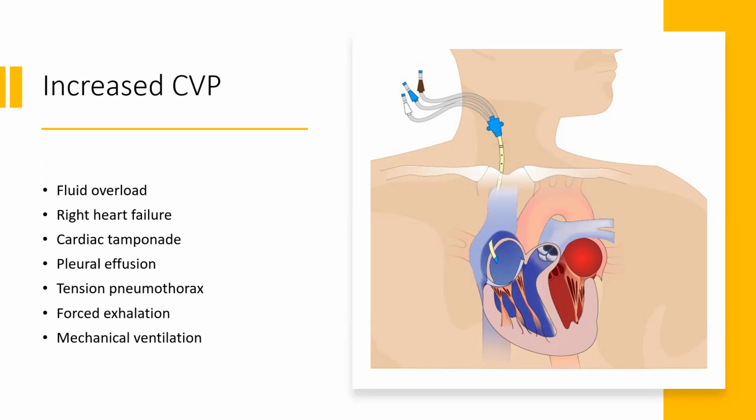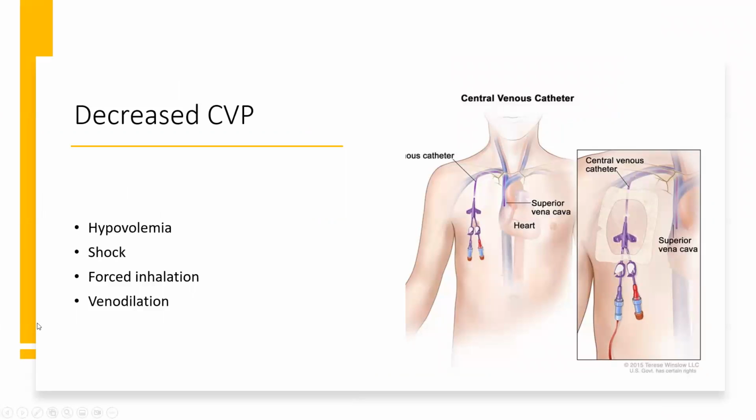When this increase is associated with increased blood pressure, the cause of increased CVP is usually an increase in volume or venous return. And the following decreases CVP. When a CVP decrease is associated with an increase in blood pressure, this probably is going to be as a result of a decrease in cardiac performance.